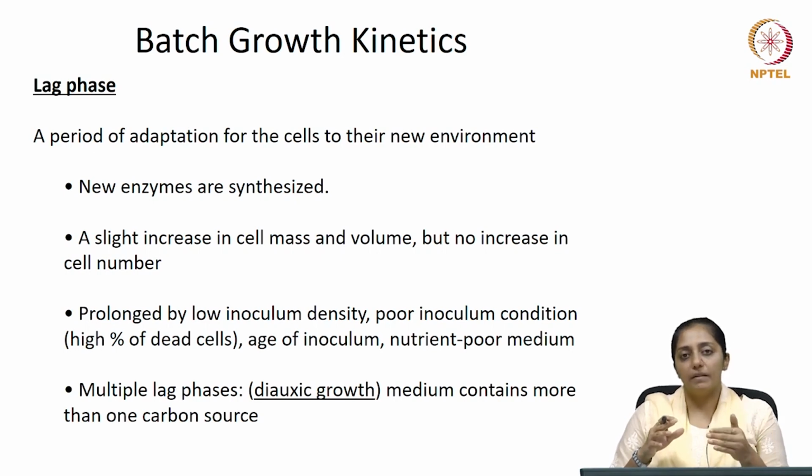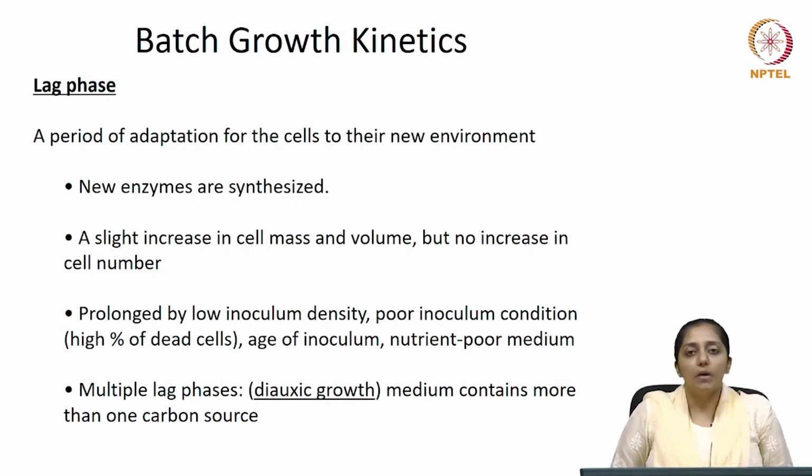Then when the seed fermenter is used to prepare the inoculum for the production fermenter, this seed fermenter will generally have the same composition as the production medium, so that the activated culture is acclimatized in the seed fermenter to multiply and prepare the inoculum for the production fermenter. Because the nutrient composition is not much varying, the period of adaptation is less.